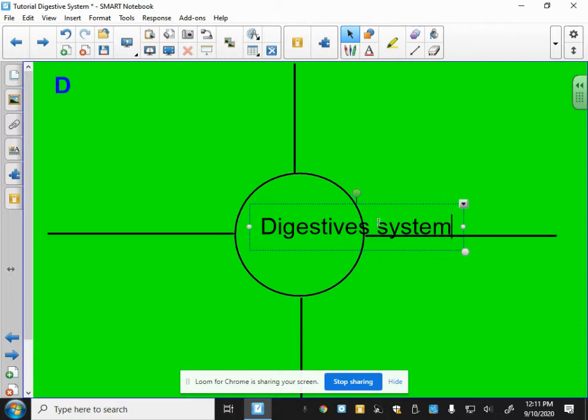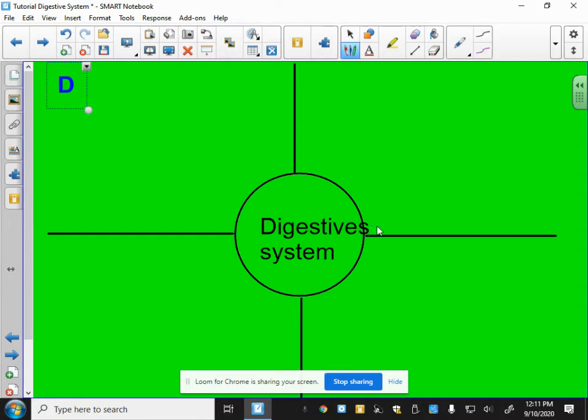All right, and in this corner right here, we're going to write main function. And the main function of the digestive system is to break down food.